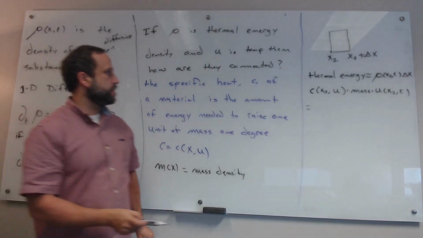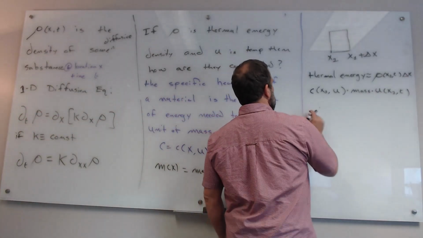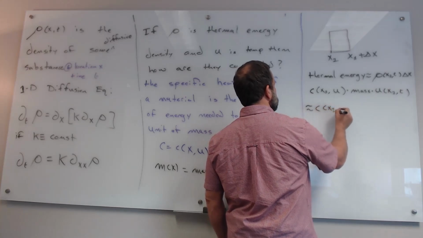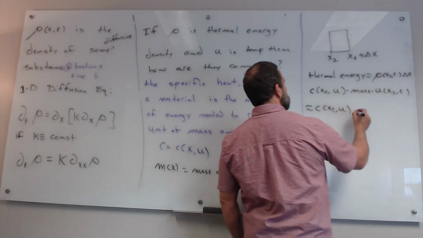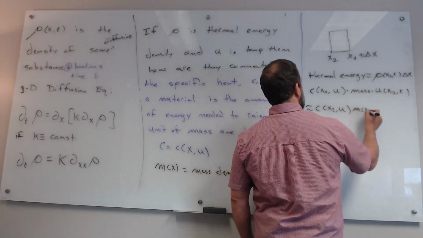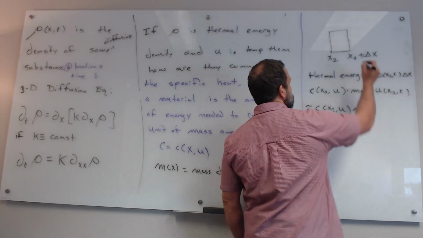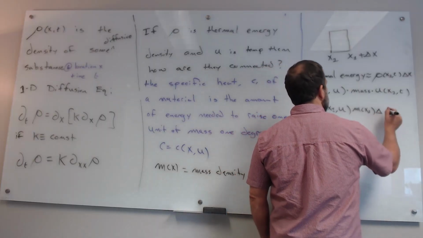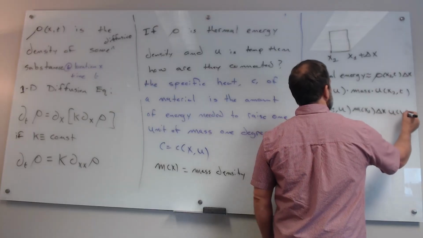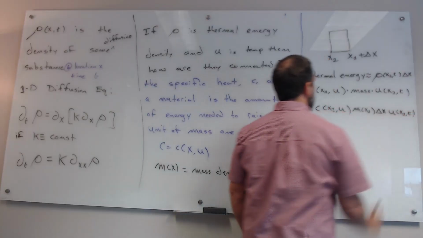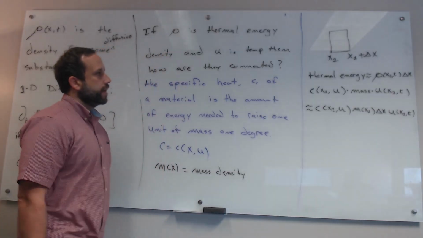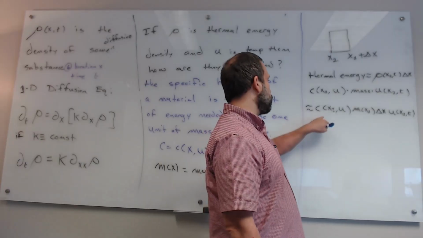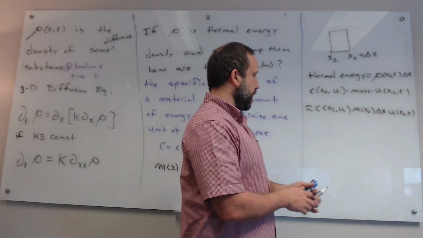This is going to be approximately equal to C of x1,u times the mass, which is approximately m of x1, the mass density, times delta x, and then times the temperature u of x1,t. So this is approximately equal to the amount of energy in the rod.